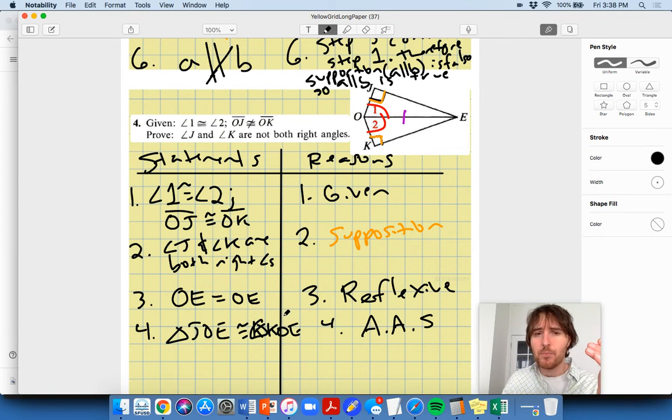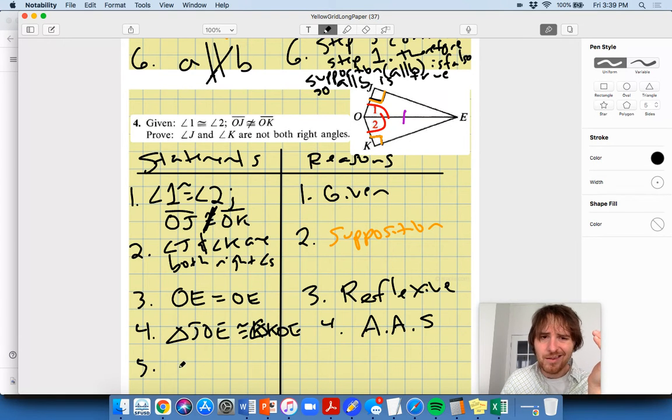My triangles are congruent. What's the problem with that here? Well, oops, I didn't cross this out. OJ and OK can't be congruent to one another. What the heck? Wait a second. You're telling me I assumed that these got to be right angles. If they were right angles, then I'd have congruent triangles, and then what would follow from that?